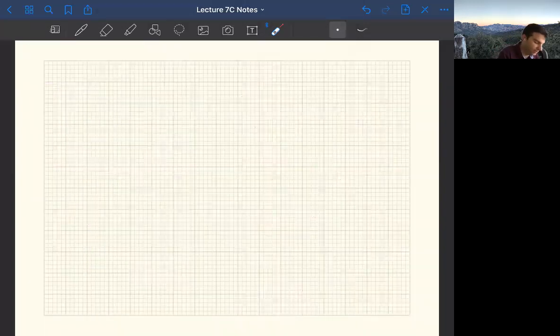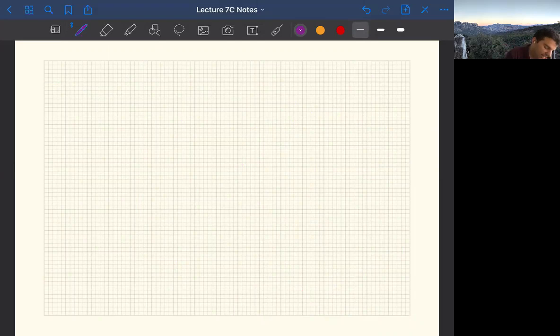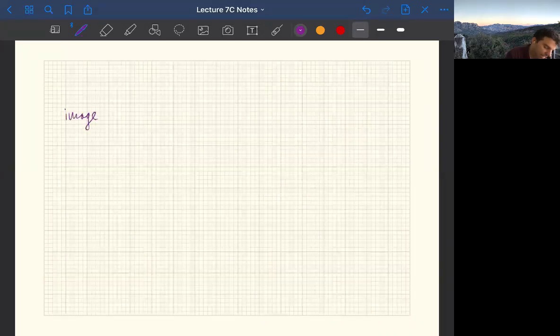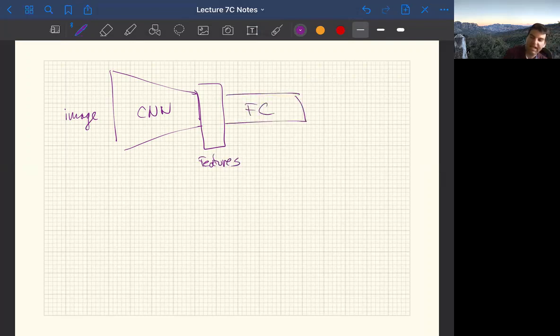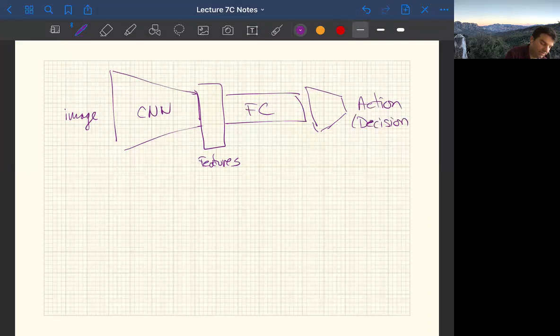Those of you who might study more of this, you see that you've got, let's say, an image, and then that image goes into a convolutional neural network, which produces an interesting set of features. And then you might have some fully connected layers and some other processes that end up producing some action or decision based on those inputs.